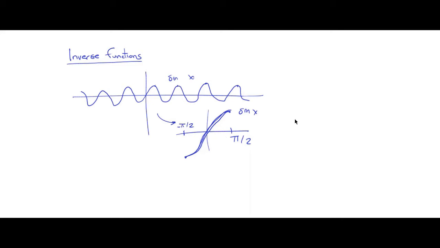So then you can define the inverse of the sine, which we normally call the arc sine of x. This is a function that is defined in [minus 1, 1], and it goes to pi over 2 and minus pi over 2.